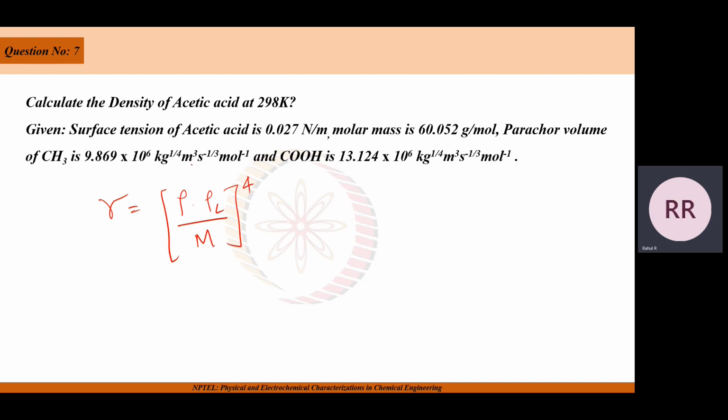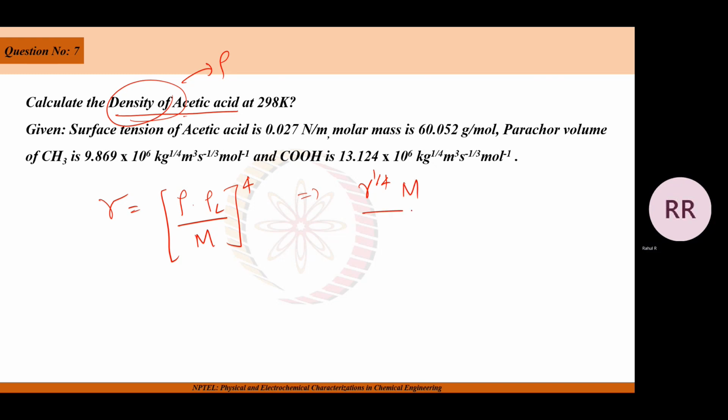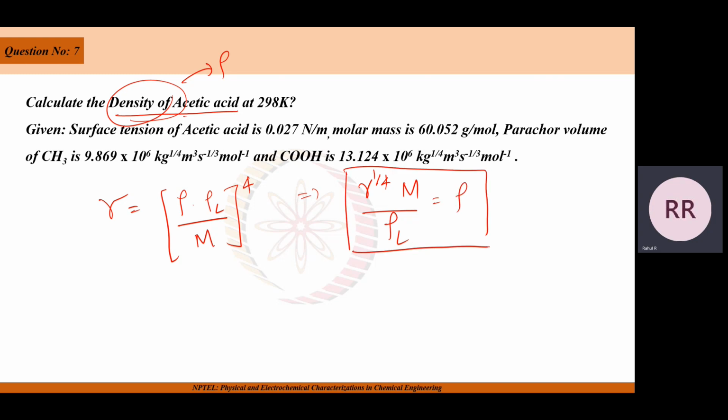In this question, we are asked to calculate the density of acetic acid, which is nothing but rho. So we need to rearrange this equation. Rho is gamma to the power 1 by 4 times M divided by the parachor. This is the modified equation we need to use for solving this problem.